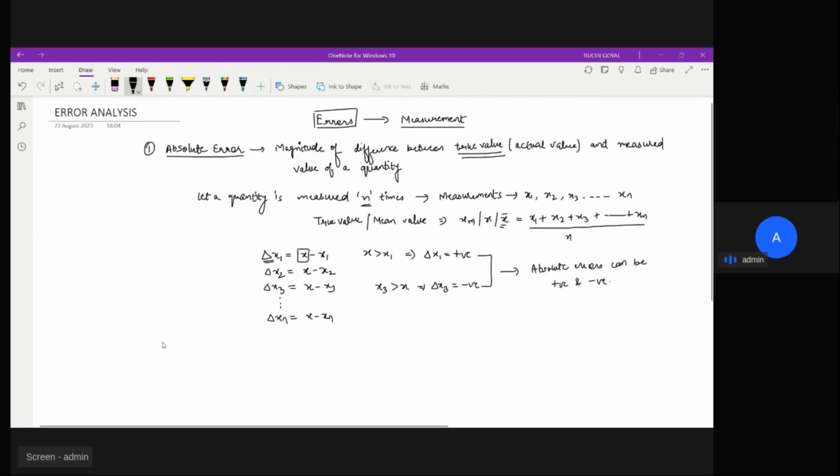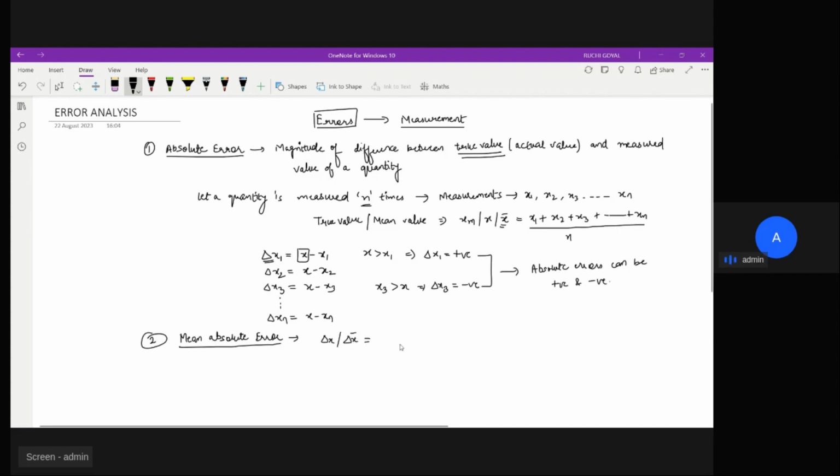Now we can find the second type of error. This is mean absolute error. As the name suggests, we have to find the mean of all the absolute errors. It is denoted by delta x, or you can write it as delta x bar.